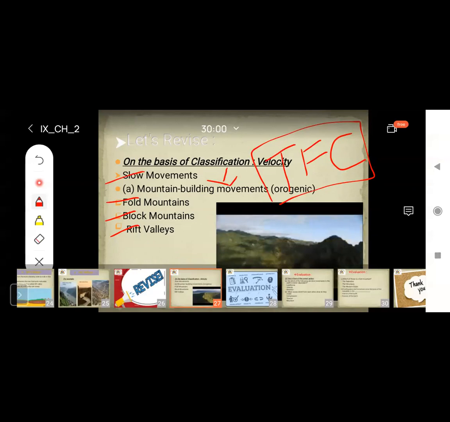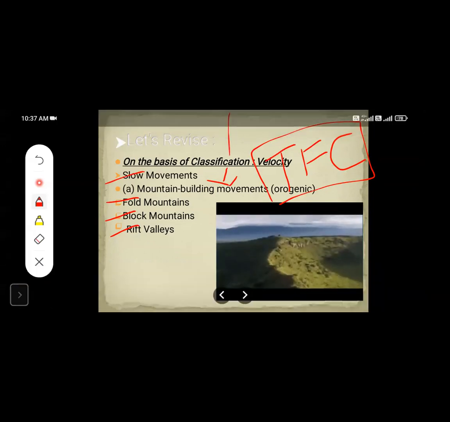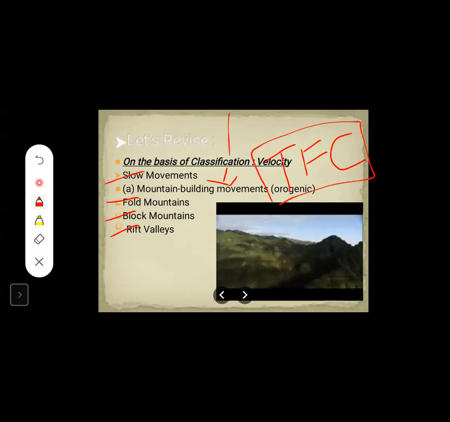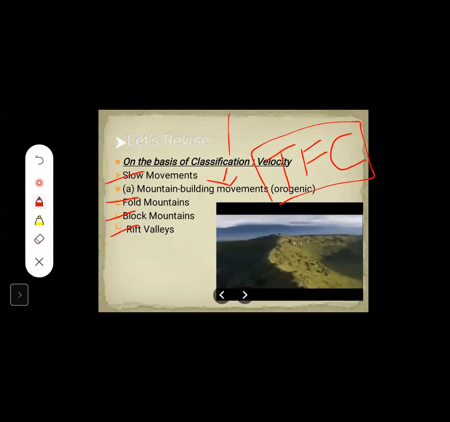Then after that we are going to revise the examples of the mountains. Fold mountains examples are what, students? The Himalayas.